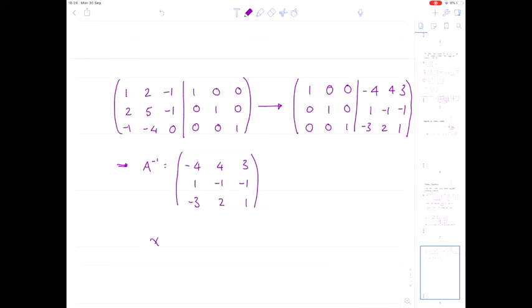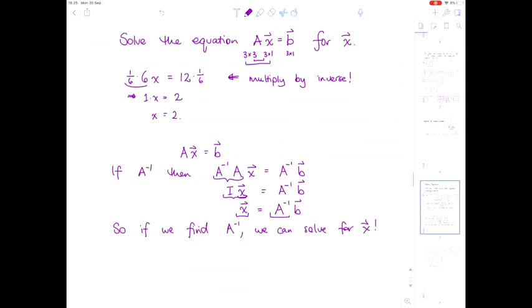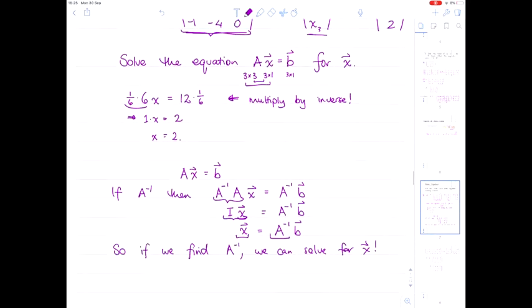So if we want to calculate the vector x, then what we need to do is multiply our matrix inverse with our vector b, which was minus 3, minus 4, 2.